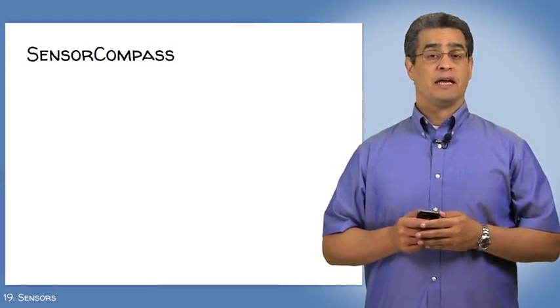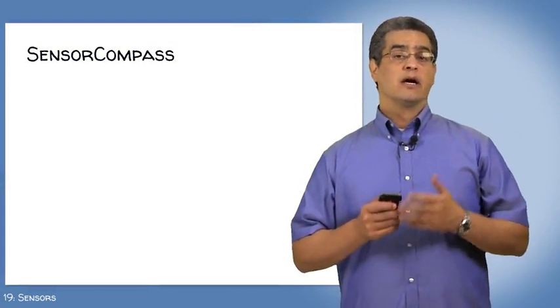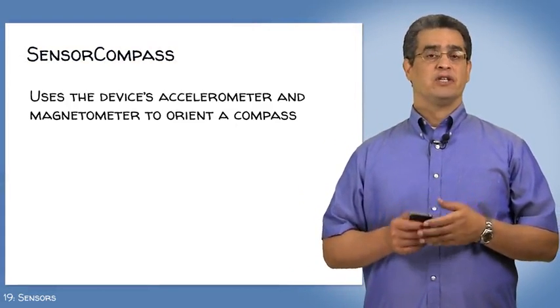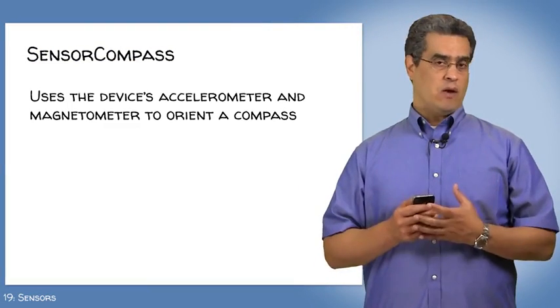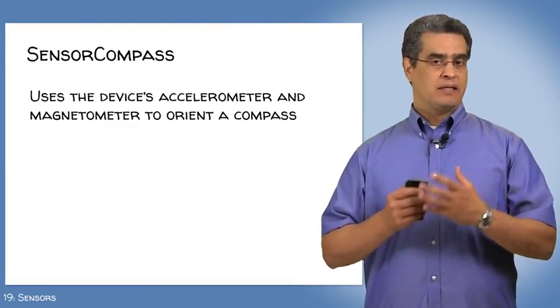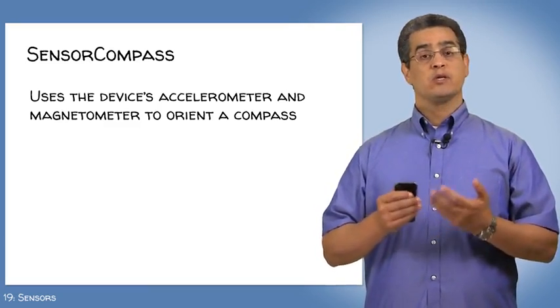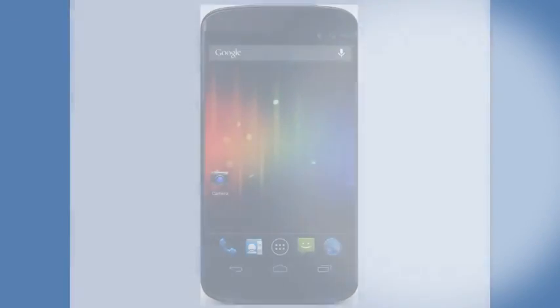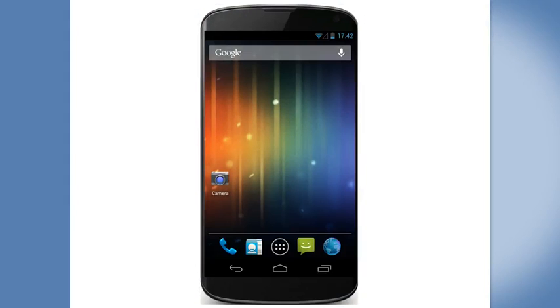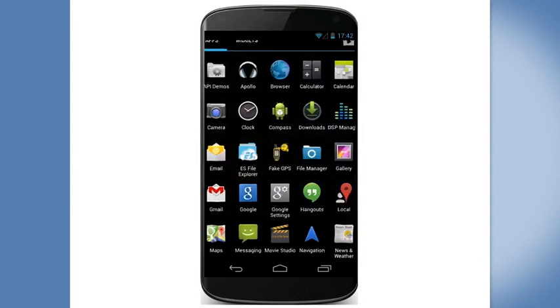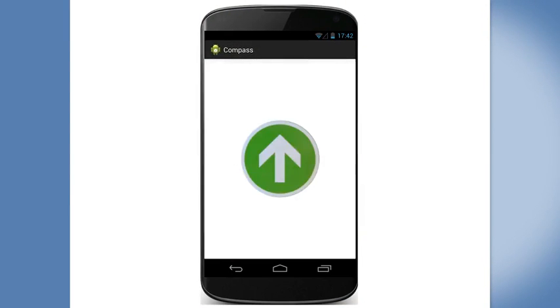This example application is called Sensor Compass, and this application uses the device's accelerometer and its magnetometer to orient a compass arrow towards magnetic north. So here's my device. Now I'll start up the Sensor Compass application.